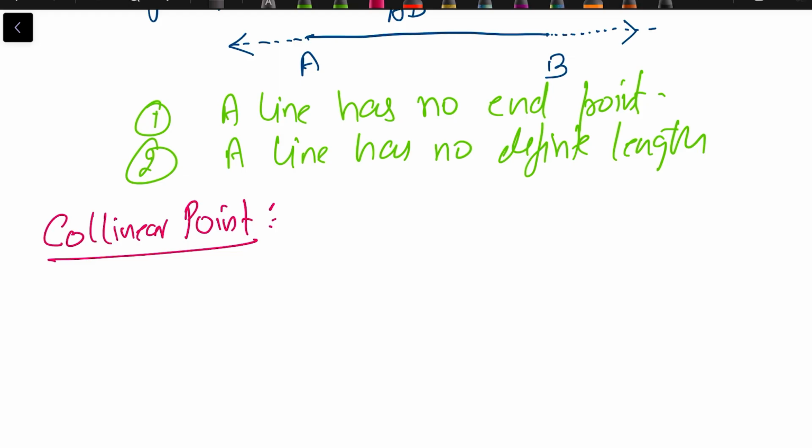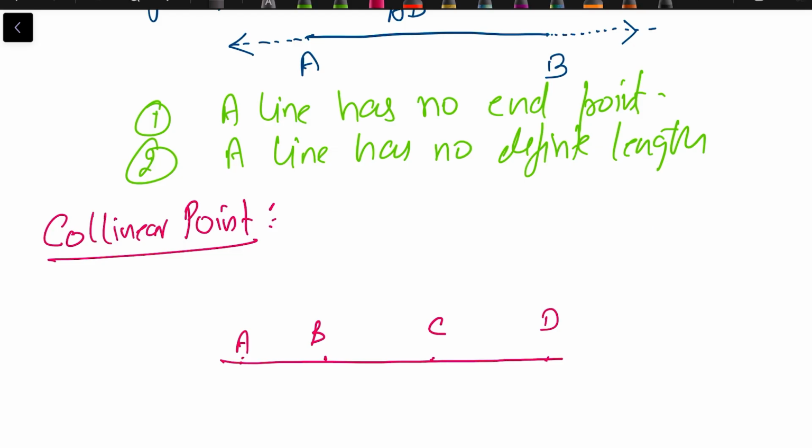For example, if I join all of them like this, this point A, this point B, this point C, and this point D are all lying in the same plane and on the same line, so they are known as collinear points.